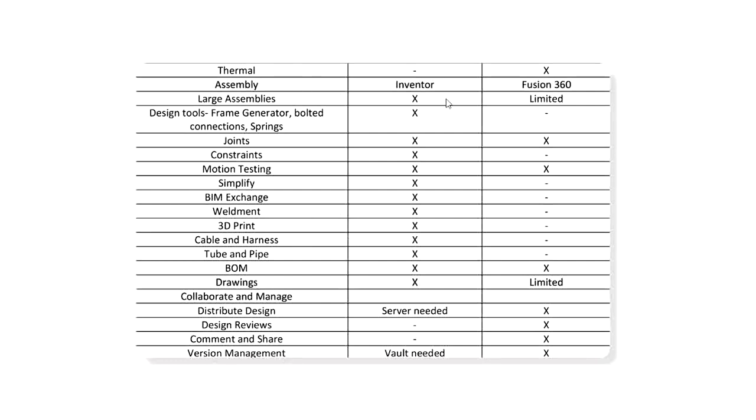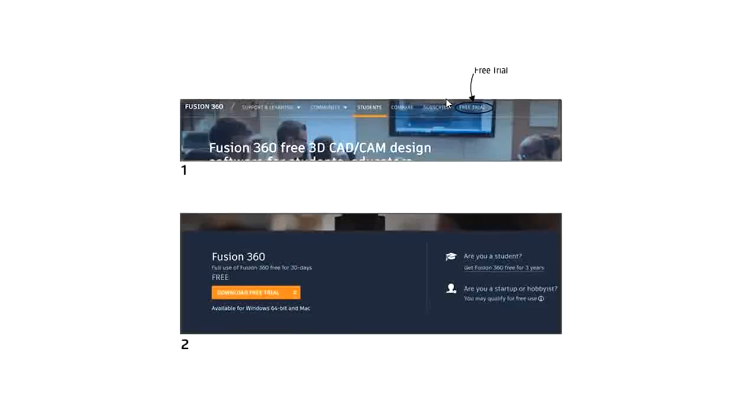Okay, then our next point is how we can get Fusion 360. Fusion 360 can be downloaded from the Autodesk site. If you want to use the free trial or student version, you can go to the Autodesk site.